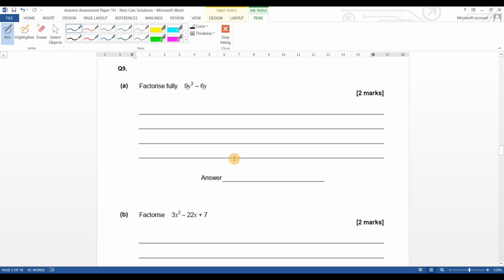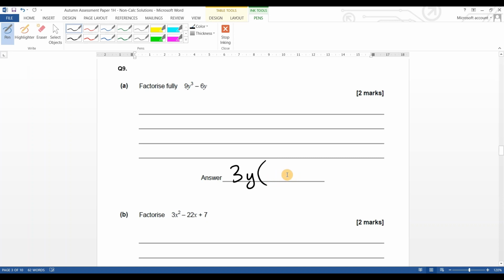Factorize fully. Factorize just means put it back into brackets. So, what's the biggest number that we can take out? 3 definitely. Biggest value of y we can take out is just 1y.